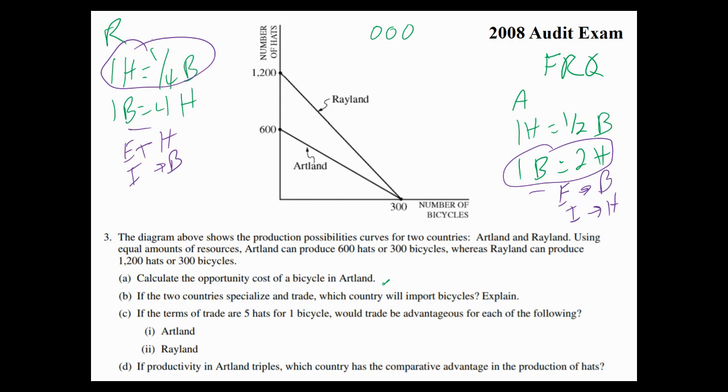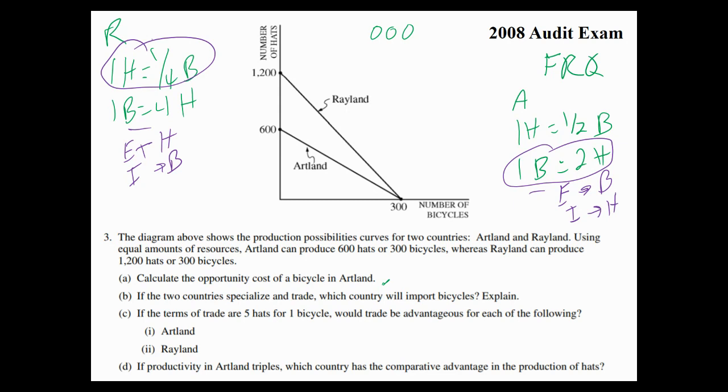Given that, it says if the two countries specialize and trade, which country will import bicycles? It says explain, so you have to be detailed. You would have to say that Rayland would import bicycles because he has comparative advantage in hats: to make one hat costs him 1/4 of a bicycle, which is less than Artland's, where one hat costs 1/2 of a bicycle.